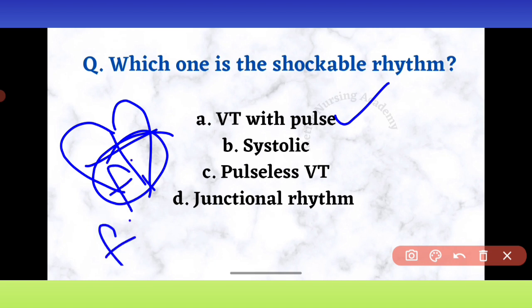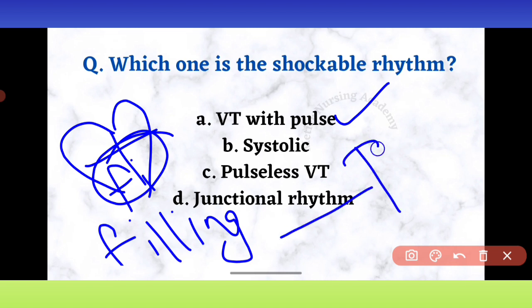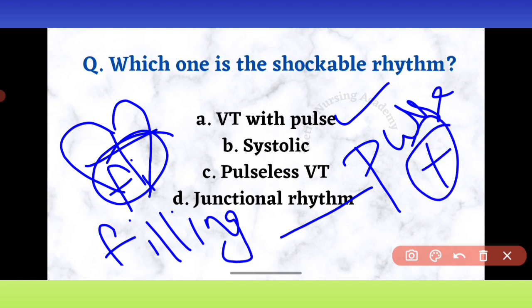There is time for filling of blood in the ventricles, and the blood is pumping out of the heart through all the body parts, through the blood vessels. So pulse is present. In this condition there is no need for shockable rhythm.